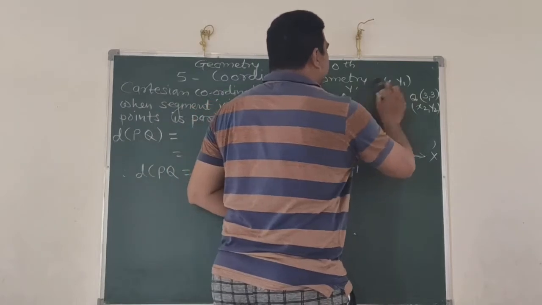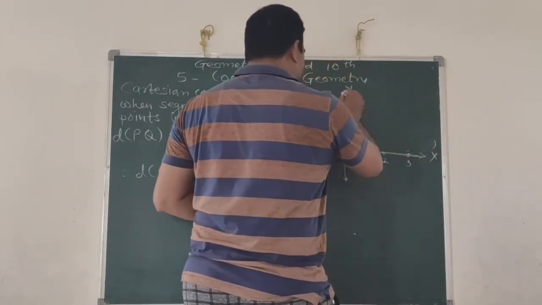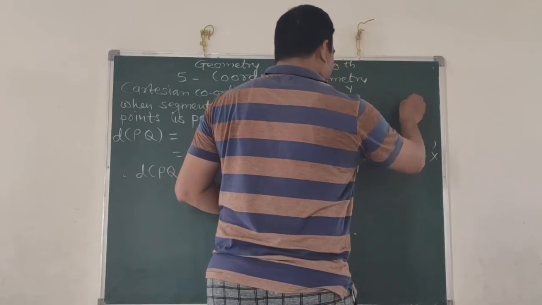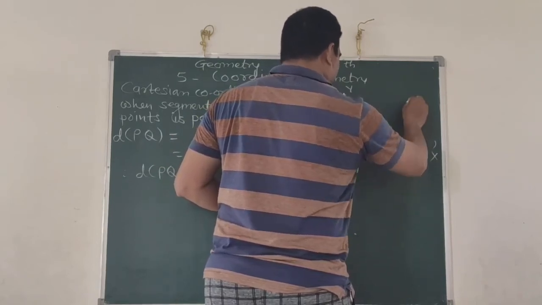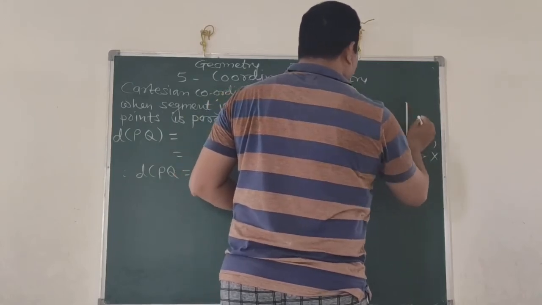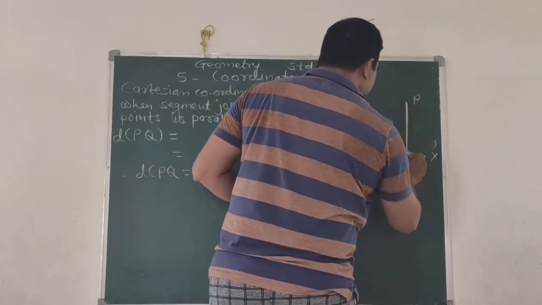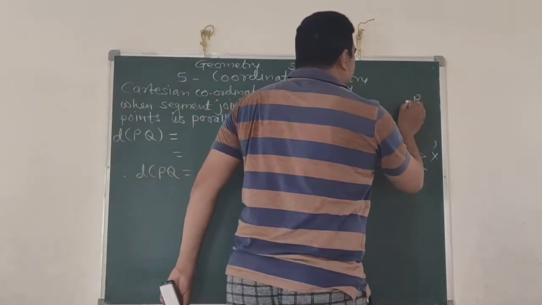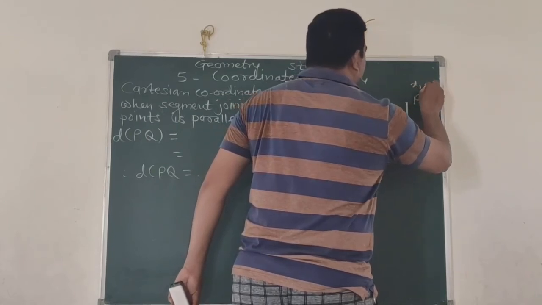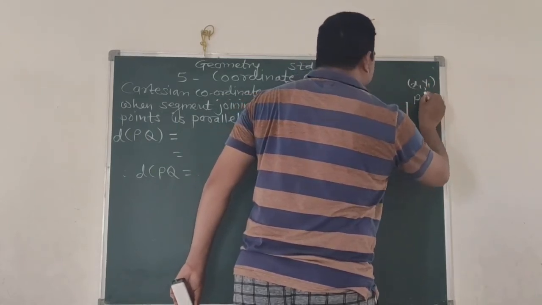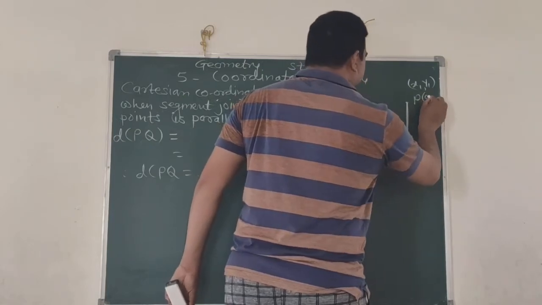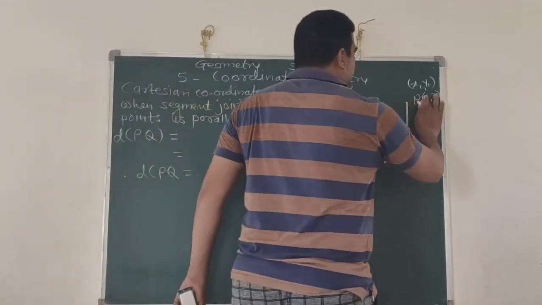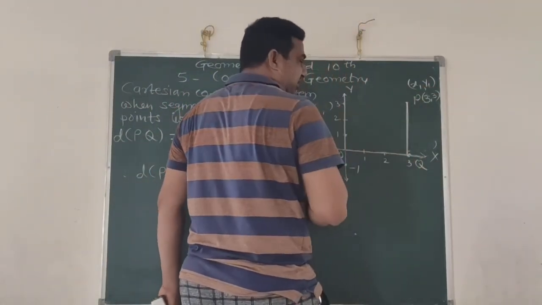Now consider point P here, and that is point Q. So let's consider point P having coordinates x1, y1, where the x coordinate is 0, y coordinate 3, or point P (3, 3), x coordinate 3, y coordinate 3.